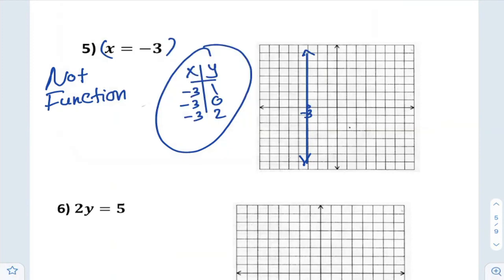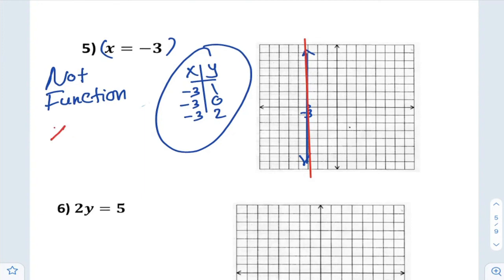If you pass a vertical line at any point on the line that you are graphing, it should cross only once. In this case, it crosses infinitely many times. So this is not a function. This is the only line that does not represent a function. All other lines represent functions. So the vertical line is not a function.